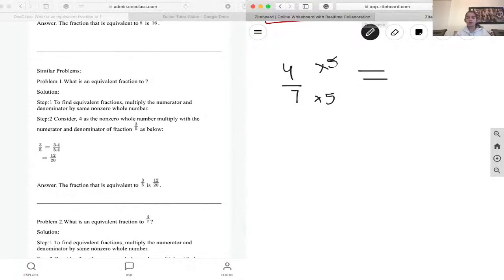And we're left with 4 times 5 is 20, and 7 times 5 is 35. So again, if you put this in your calculator, 20 divided by 35, you're going to get the same value as when you divide 4 by 7. So, just the final answer.